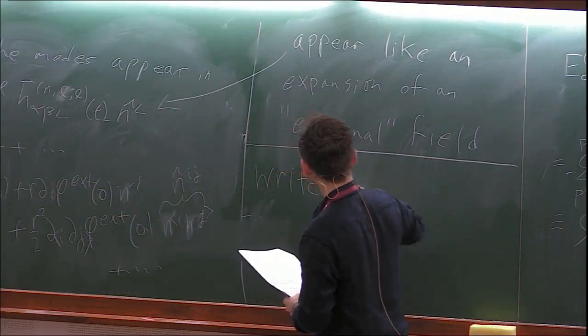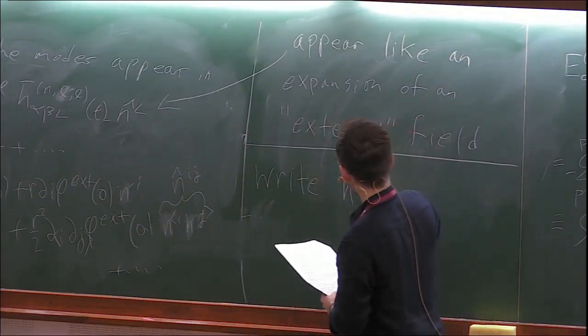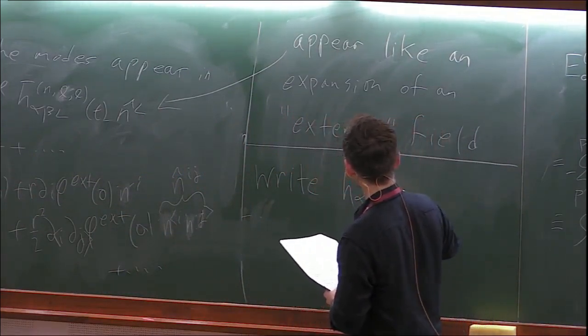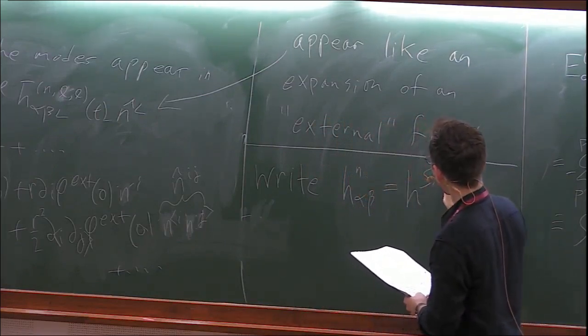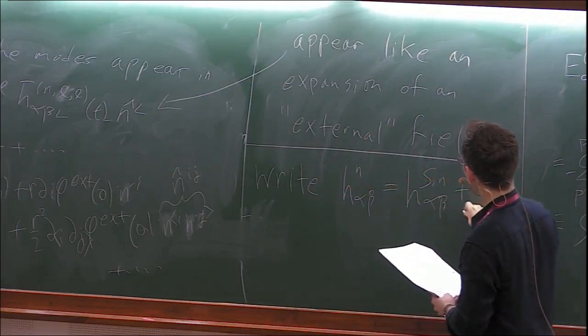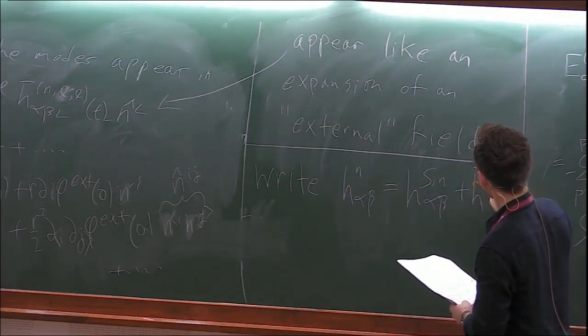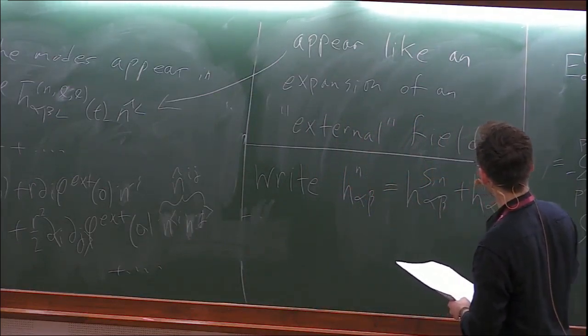So let's write the metric perturbation, h^n_{αβ}, as h^{S n}_{αβ} plus h^{R n}_{αβ}.